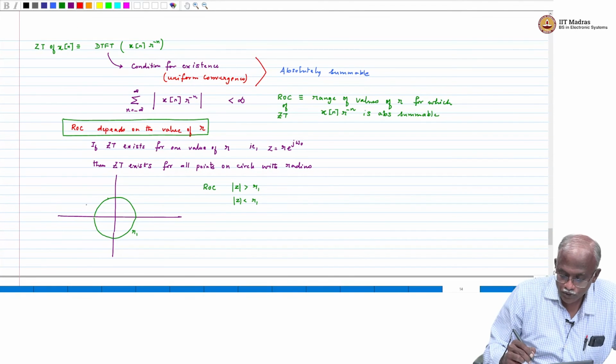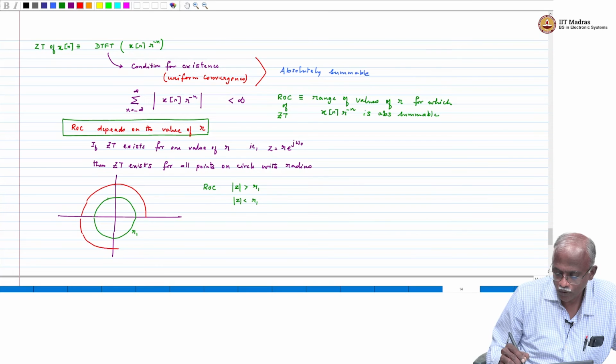Now, you can also see that there could be one more condition, that supposing there was a second circle with radius r equal to r2.